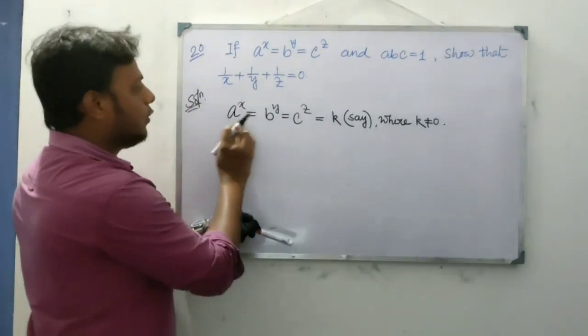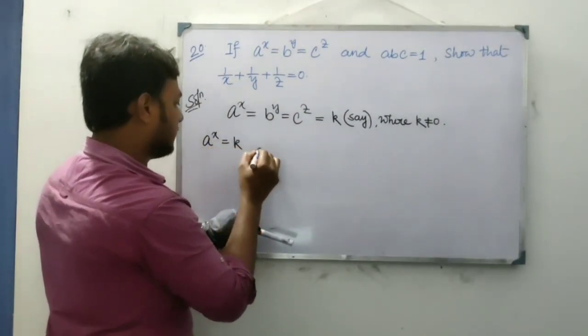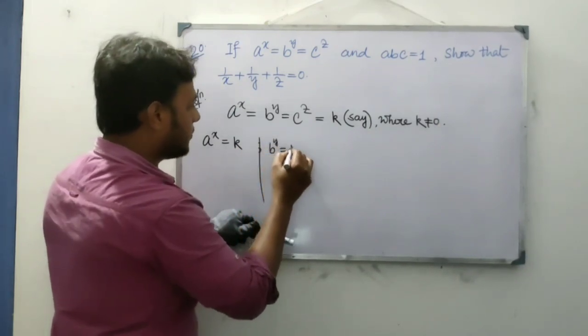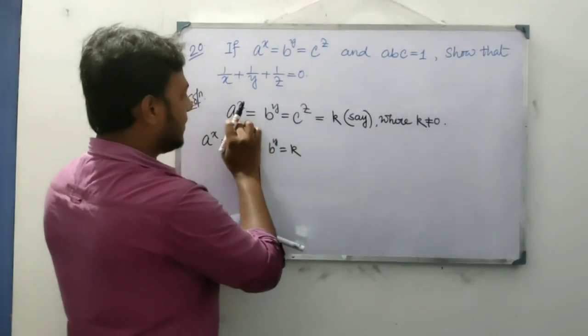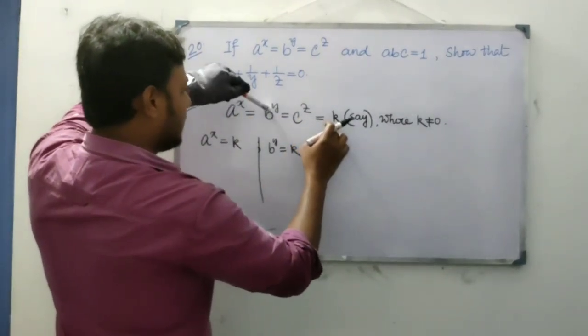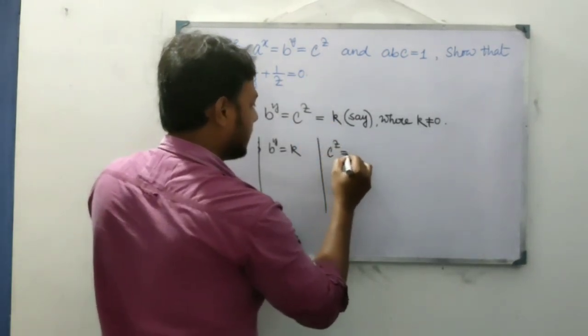Then a to the power x is k, b to the power y is also k. Since these three are equal, the first one equals k, the second one equals k, the third one equals k also, and c to the power z equals k.